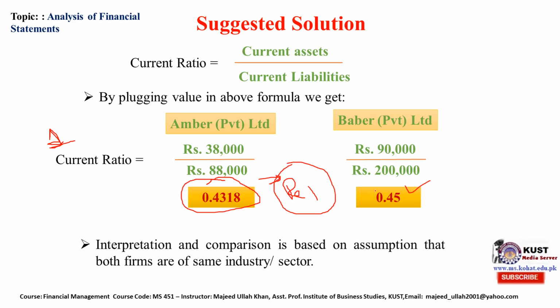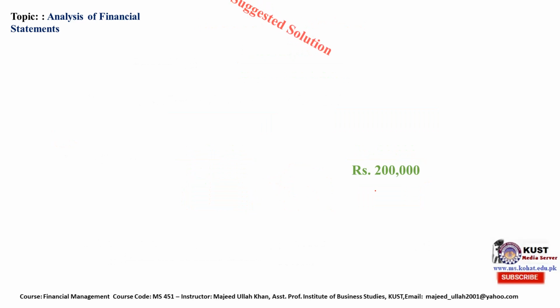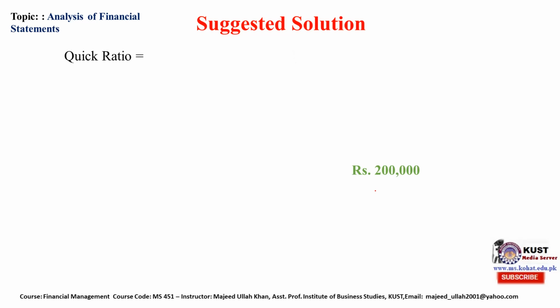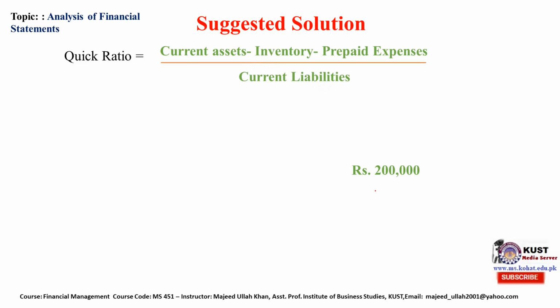Interpretation in comparison is based on the assumption that both firms are of the same industry and same sector, operating in the same geographical location. Now, quick ratio. Quick ratio means current assets minus inventory minus prepaid expenses divided by current liabilities.